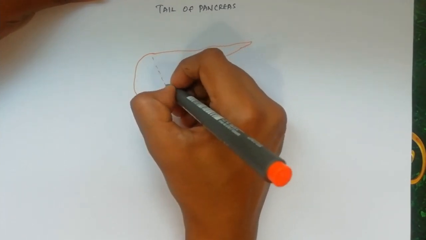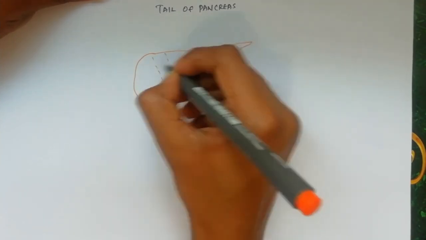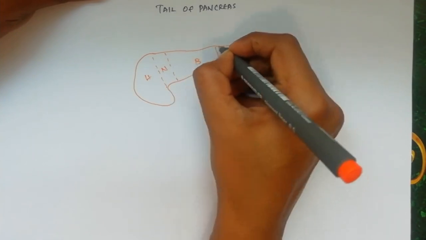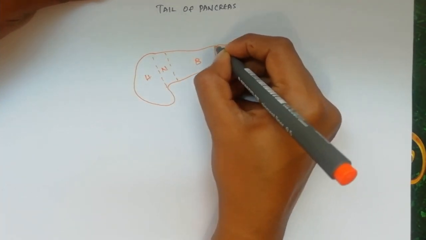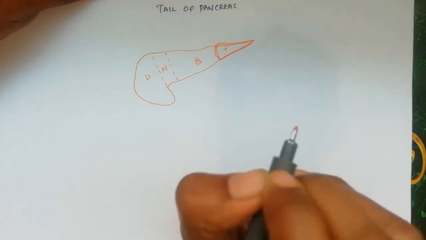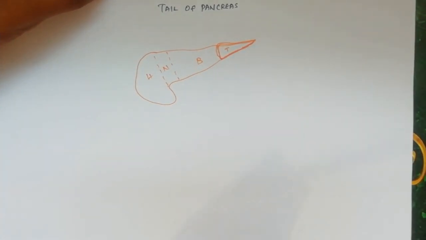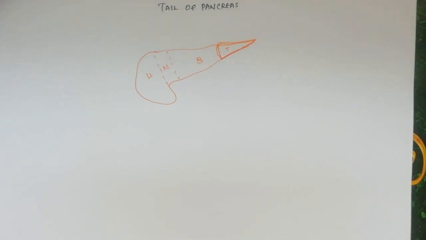We have got pancreas with head, neck, body and tail. So about this tail part we are going to see now. This tail part is extending towards the left side, and it is going to end up in the region called spleen.